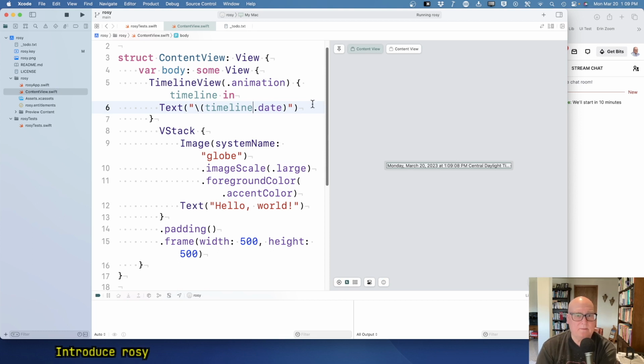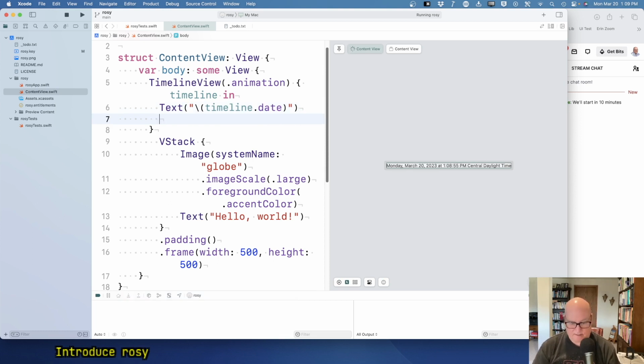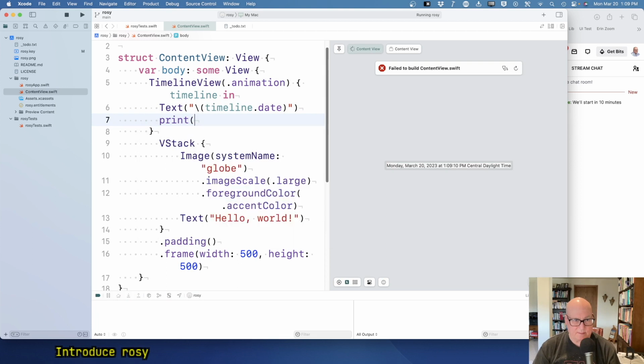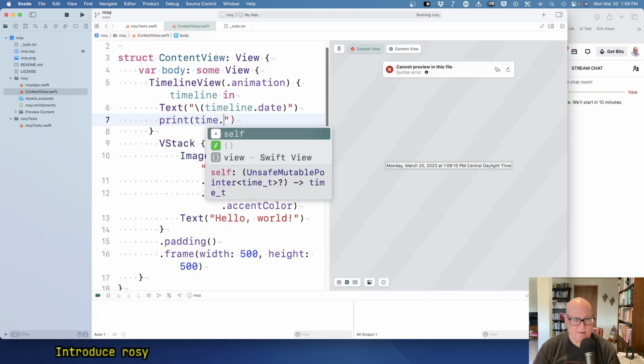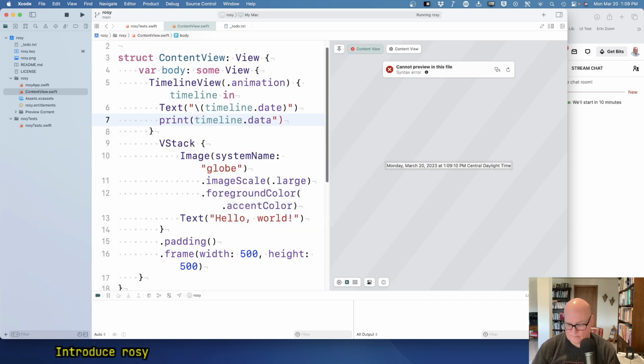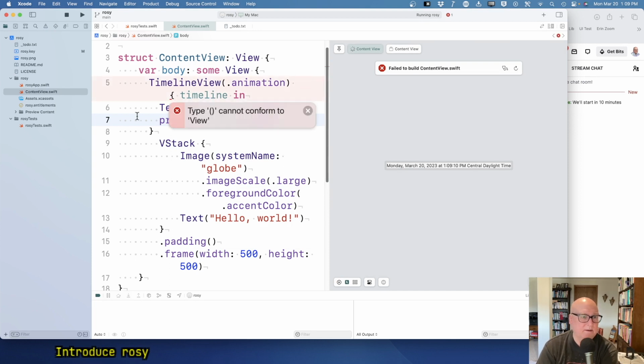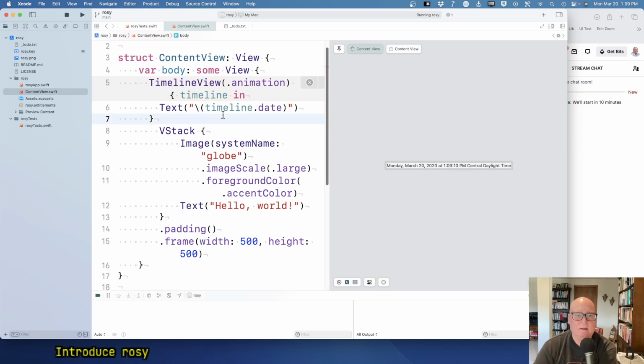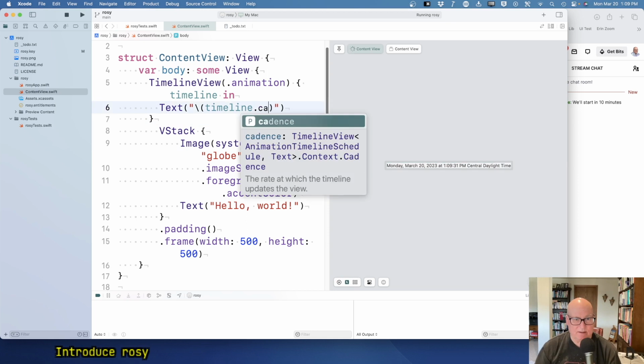And then, I don't know if this, can we put a print in here? I don't know. May not build. Yeah, okay. There's a way to do this, but I don't know it. We're getting an update every second. I don't know what that will be. What was the other thing? Cadence?